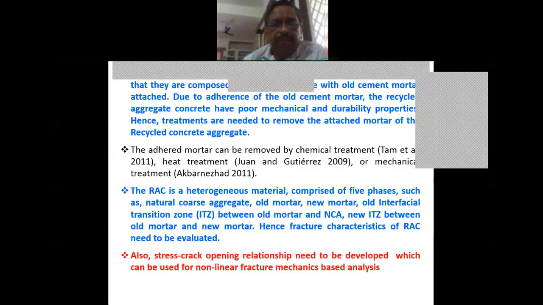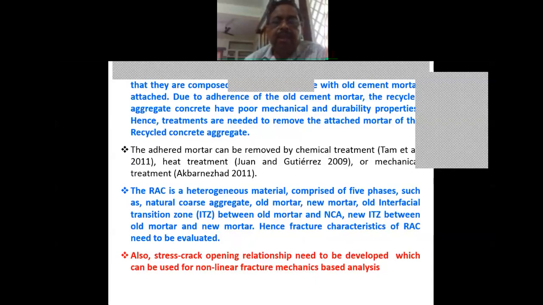From worldwide research, it has been reported that RCA concrete will have a higher water absorption, lower strength and lower mechanical properties. If you take tensile strength and other properties, they will also be lower. So that has to be accounted for properly.